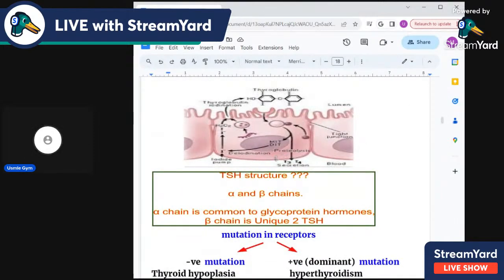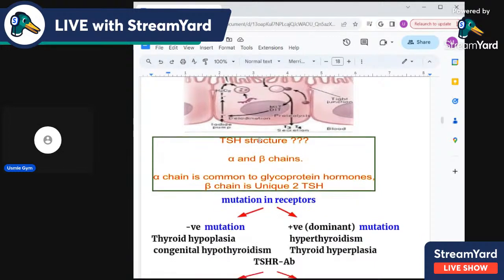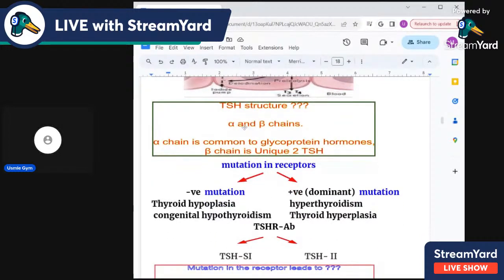Here we have TSH receptors. TSH attaches to these receptors and stimulates the sodium iodide importers to pull more iodine in to produce more thyroxine. So TSH structure has two chains, alpha and beta. The beta chain is unique to TSH. The alpha chain is like other glycoproteins.